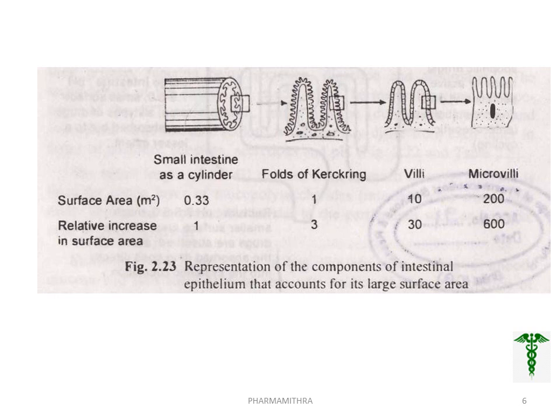The larger surface area of the small intestine makes it the major site of absorption. This larger surface area is mainly due to the folds of Kerckring, villi and microvilli. The folds of Kerckring are present in the intestinal mucosa and result in a threefold increase in the surface area.